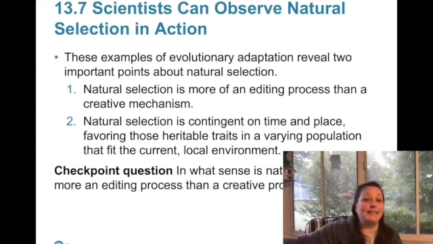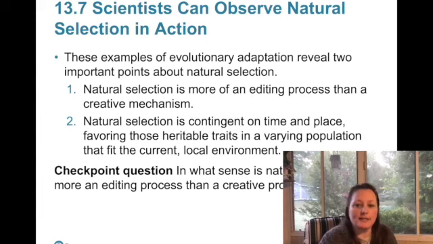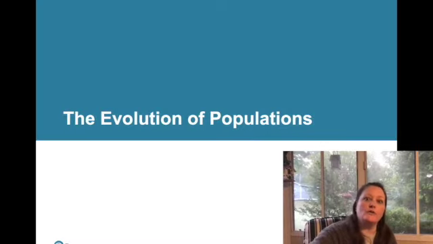If you use a different pesticide, you might have a completely different grouping of the insects that survive. That's what it means by contingent on time and place. Now, in what sense is natural selection more an editing process than a creative process? Oops, I just answered that a second ago, didn't I? It's not creating something from scratch, it's cutting out what can't survive. That's all that is.